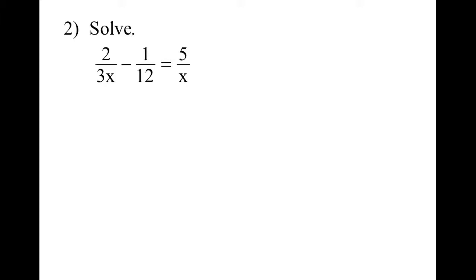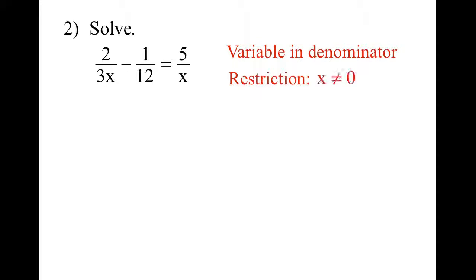All right, now check your work. So the clearing number would be 12x. I'm going to multiply all terms by 12x. Again, my restriction is going to be 0, because 3 times 0 would make that denominator a 0, and if x were 0 for the last one, it too would make a 0.